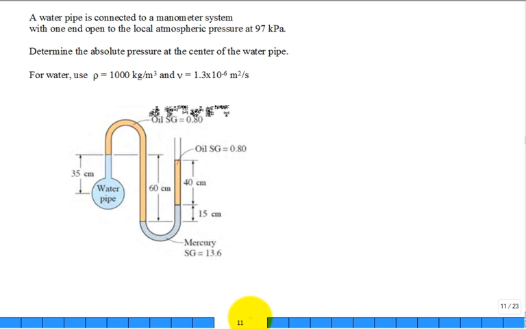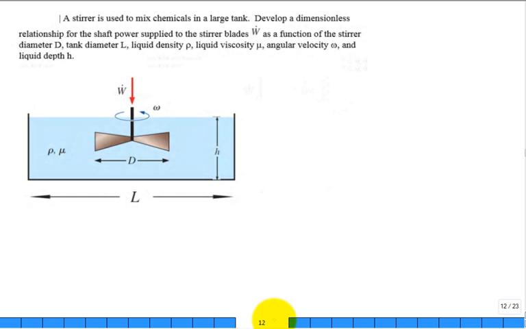Manometer, I'm not going to solve another manometer problem. You have to be able to solve them. Dimensional analysis problem. This was out of, what, chapter 7 or something? A stirrer is used to mix chemicals in a large tank. Develop a dimensionless relationship for the shaft power. This is kind of my intended primary output as a function of the stirrer diameter.